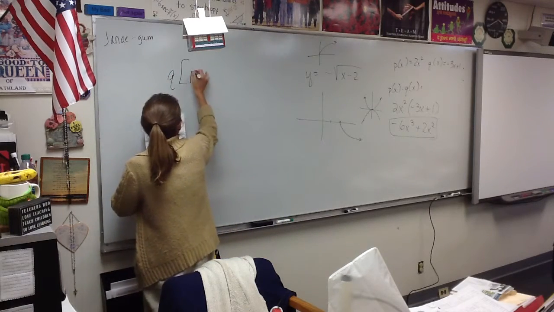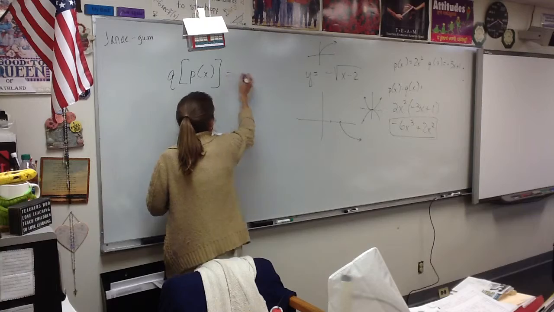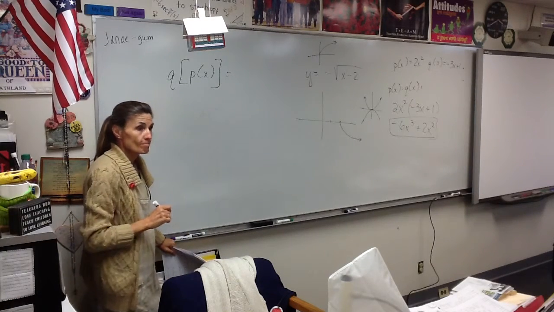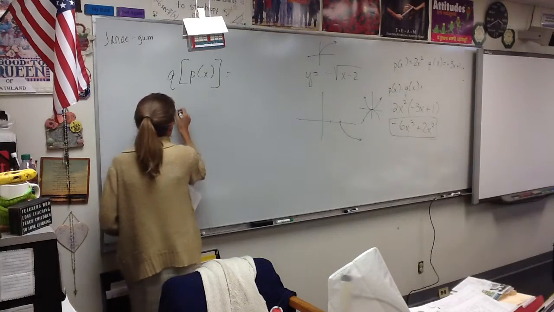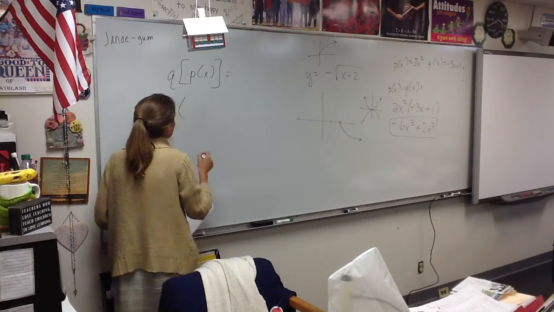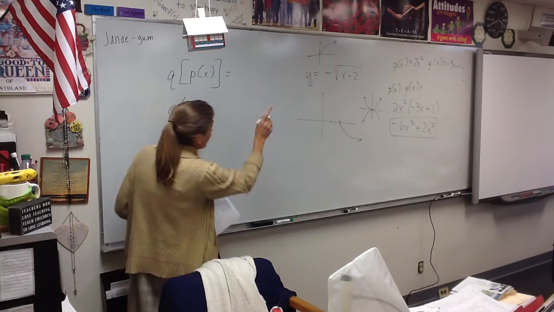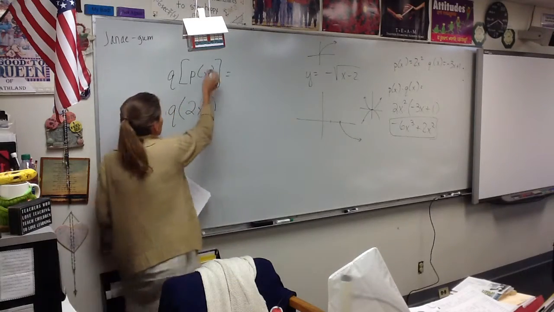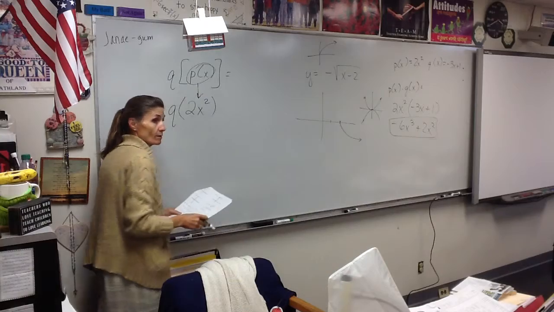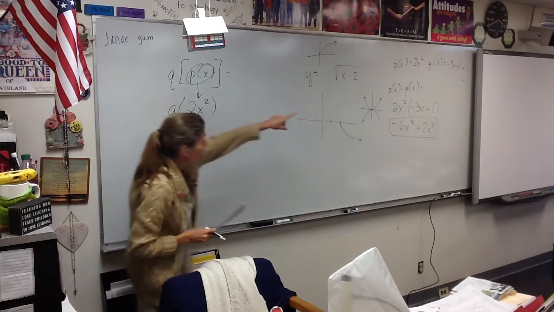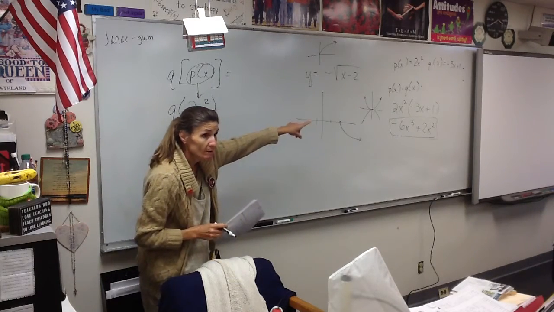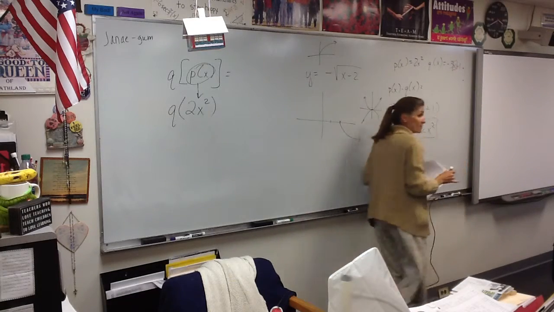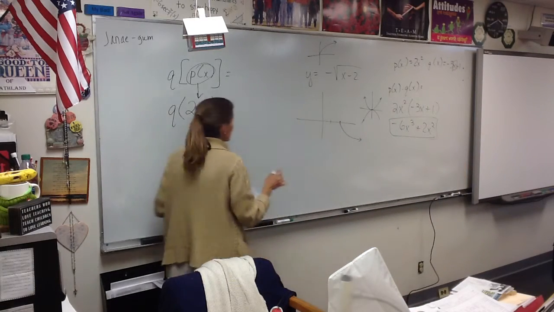Q of P of X. It would be, you put the x in for x, so it would be 2x squared. So P of X is 2x squared. You're exactly right. And then you'd multiply. This is 2x squared. So then we're going to go back to our Q function, and we're going to put whatever's in the parentheses right in there.